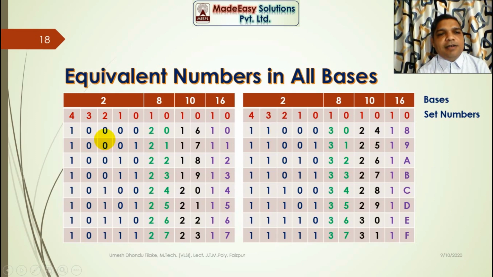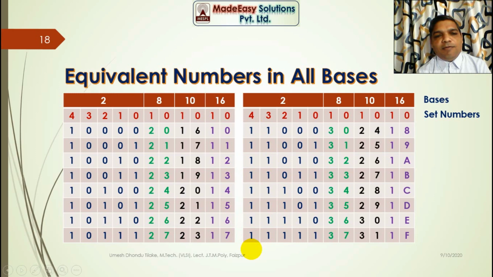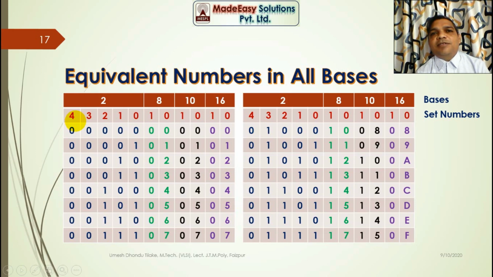See on the next slide, 0 used 8 times, 1 used 8 times. Come to the first slide, in set 4, 0 used 16 times, see over here, and after that 1 used 16 times. So I have used the binary numbers correctly.